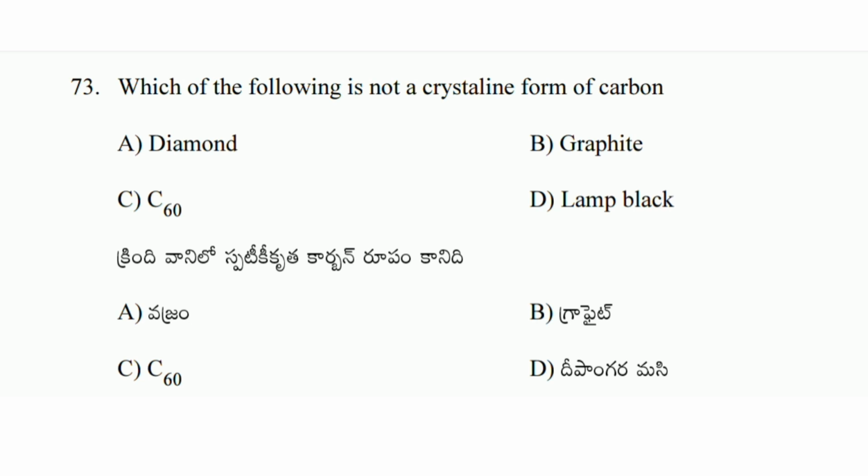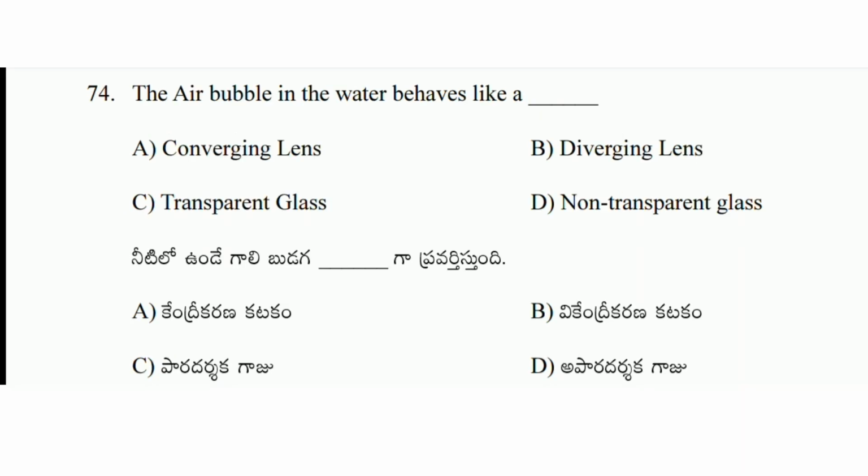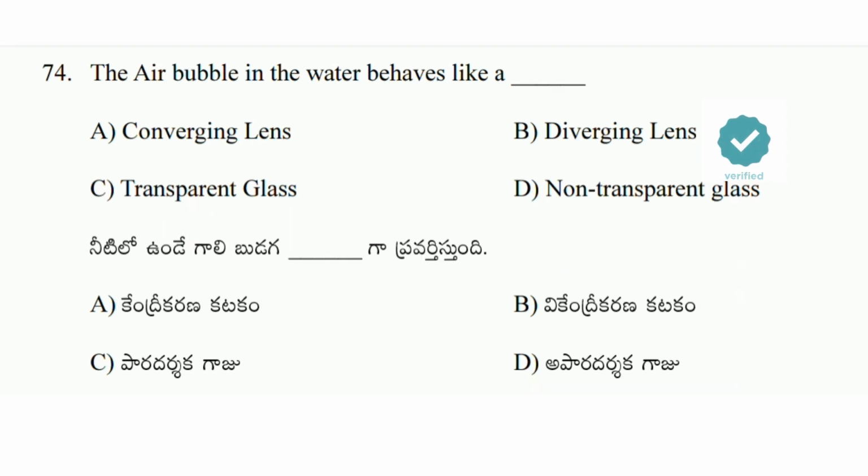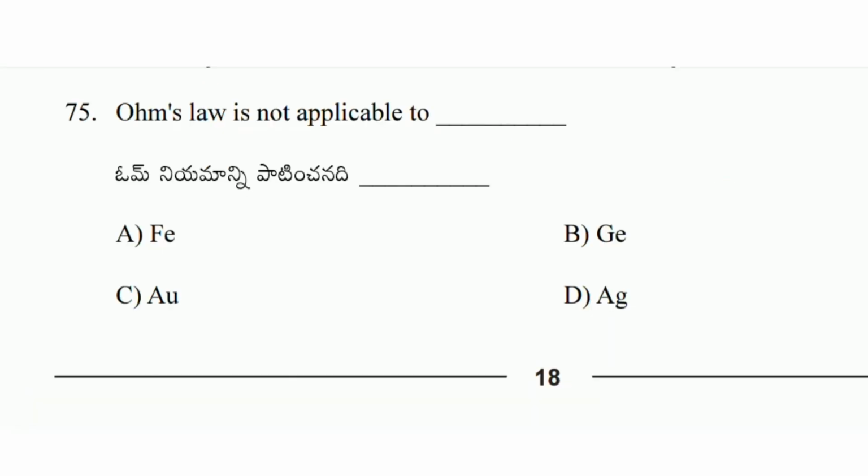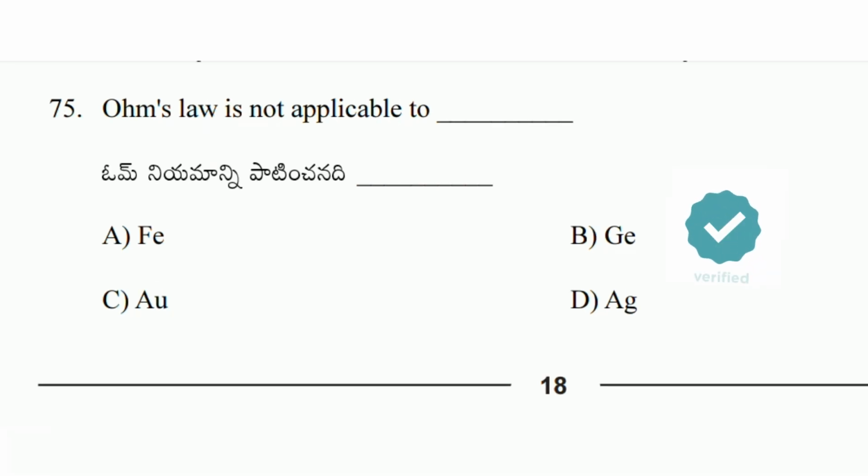These three are the crystalline forms of carbon, so the answer is lamp black. D is the answer. Next one, the air bubble in the water behaves like a diverging lens, so option B is correct. Last bit, Ohm's law is not applicable to germanium. B is the answer. Why? Because germanium is a non-ohmic conductor, and the remaining 3 are ohmic conductors.